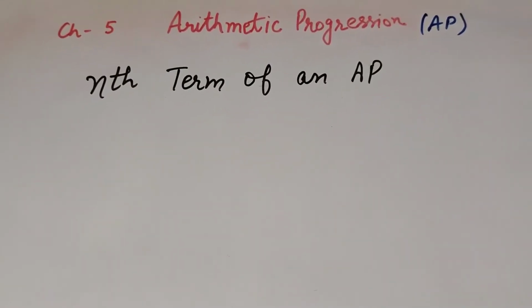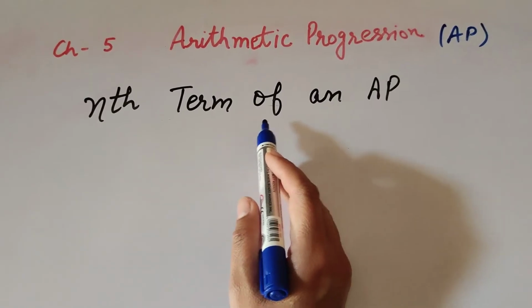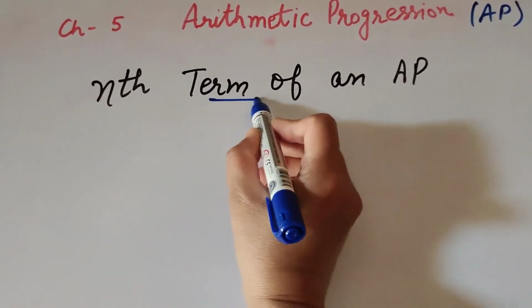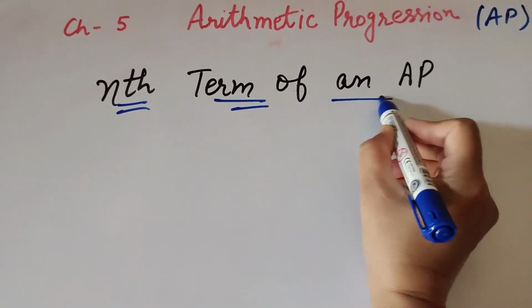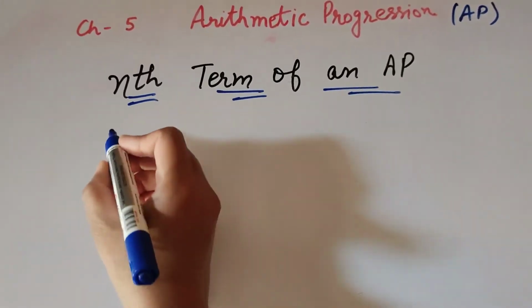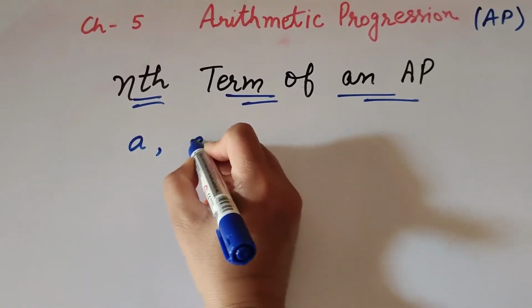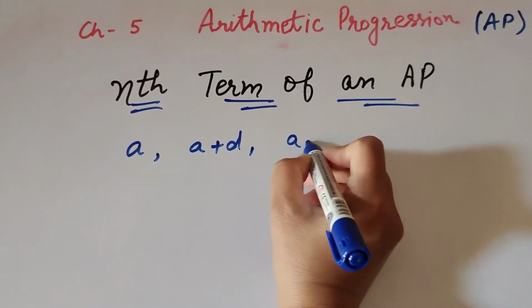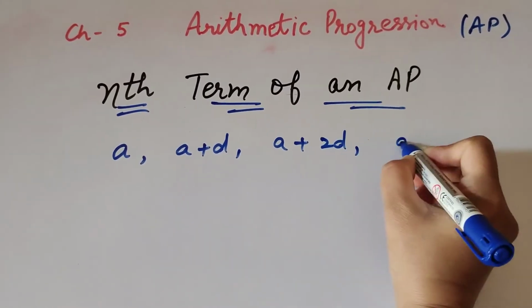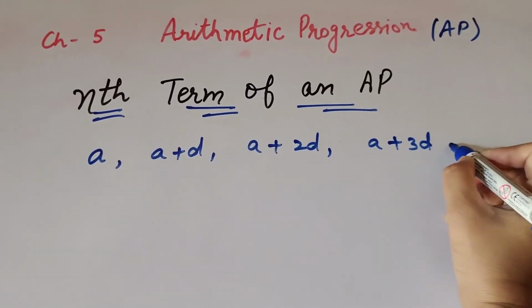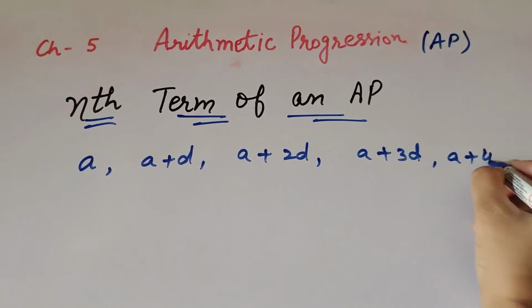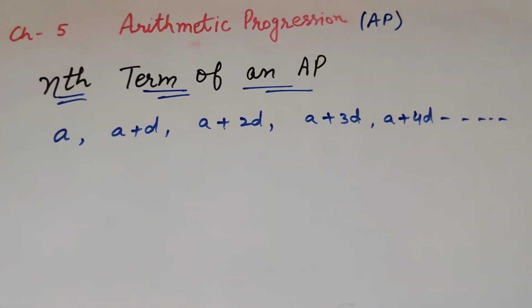Now we move to our next topic, the nth term of an AP. In this question, we learn how we find the nth term of the AP series. We know the generalization of the AP series: a plus d, a plus 2d, a plus 3d, a plus 4d, and so on.